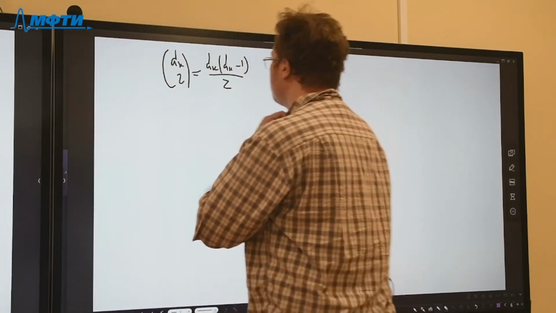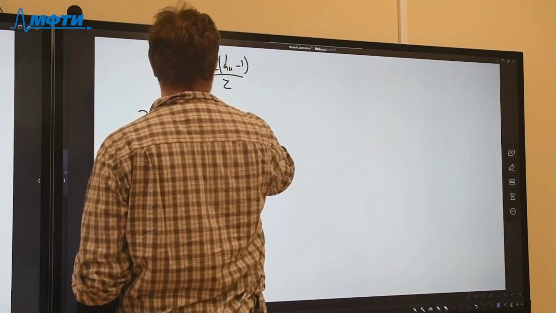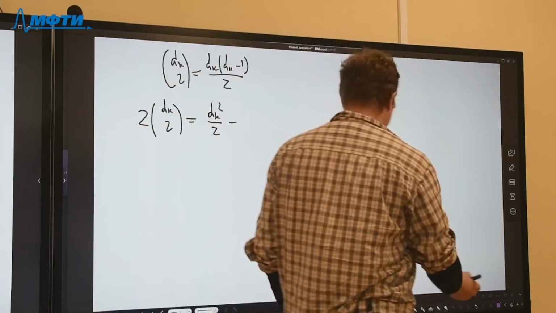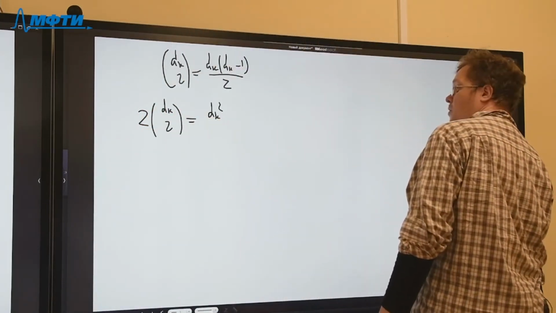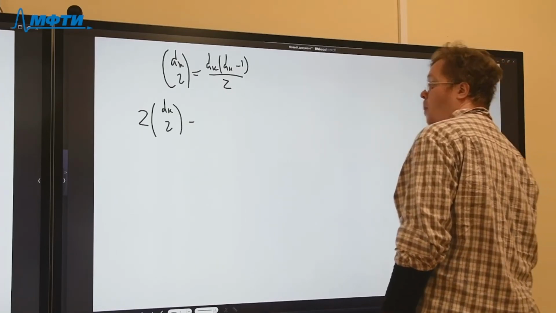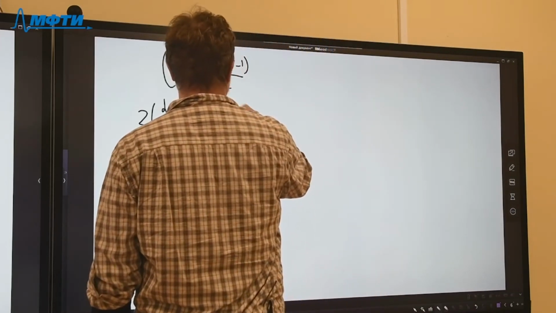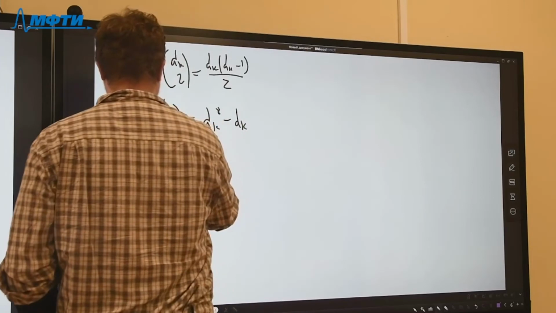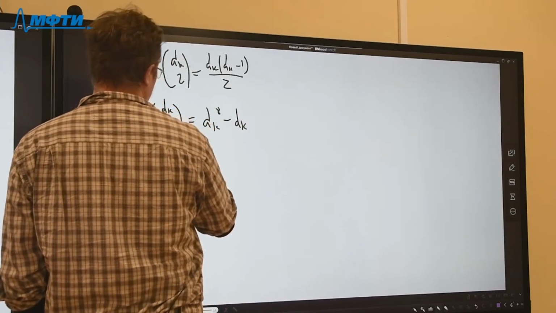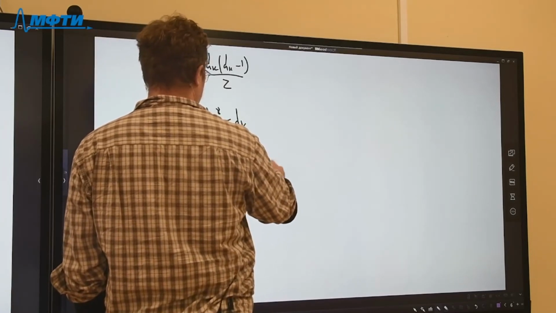So 2 times d_k choose 2 is d_k squared minus d_k. Sum of these: 2 times the sum of d_k choose 2 is the sum of d_k squared minus the sum of d_k.